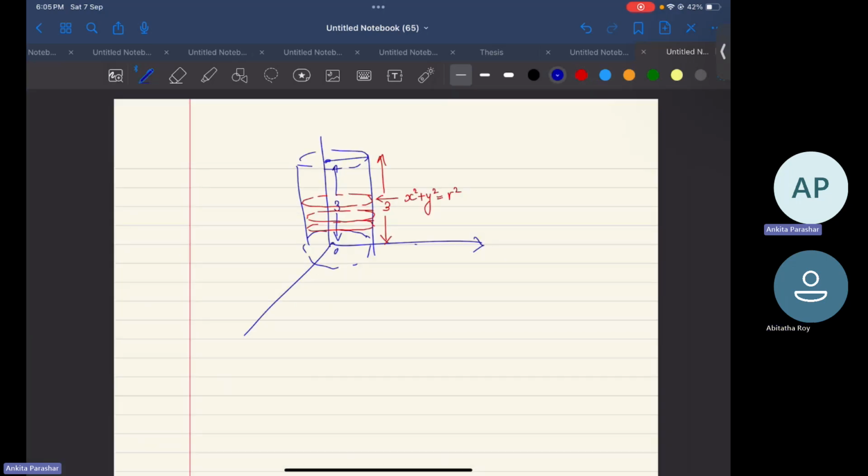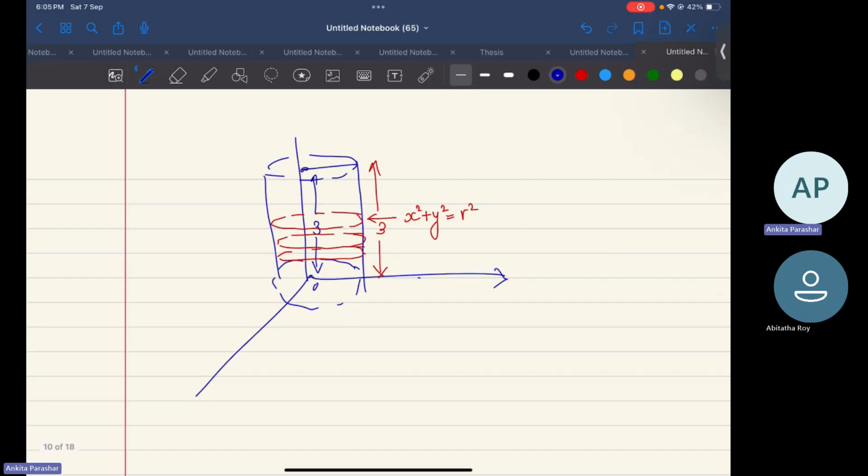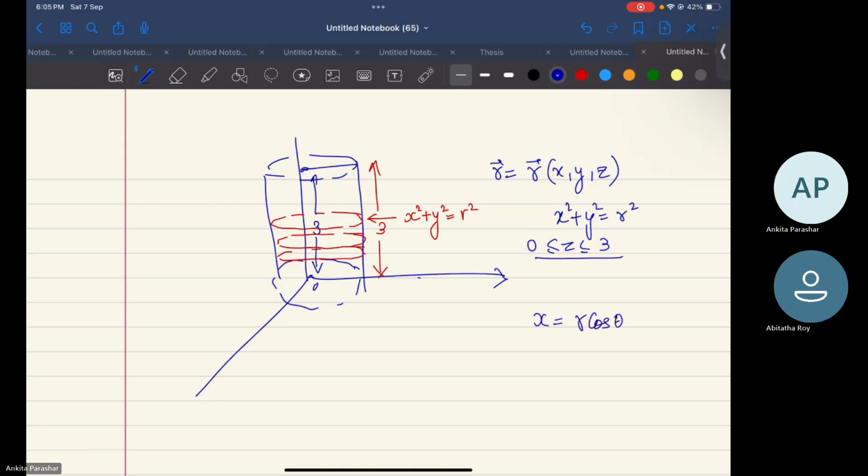So, of course, since we know things about parameterization, why won't we parameterize it? What will be the obvious parameterization? The surface is r equal to r(x, y, z), where the relation is x square plus y square equal to r square, and z is from 0 to 3. So the obvious parameterization is x equal to r cos theta, y is r sin theta.